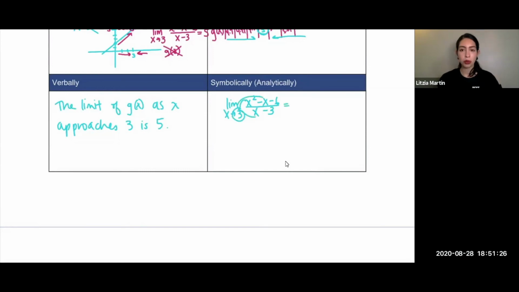Well, we run into a problem here because we end up with a 0, which makes this undefined, right? So that does nothing for us when it comes to finding the limit, because we know the limit still exists because the function is still headed in some direction. So we need to factor and simplify just like we did when it came to graphing the function.